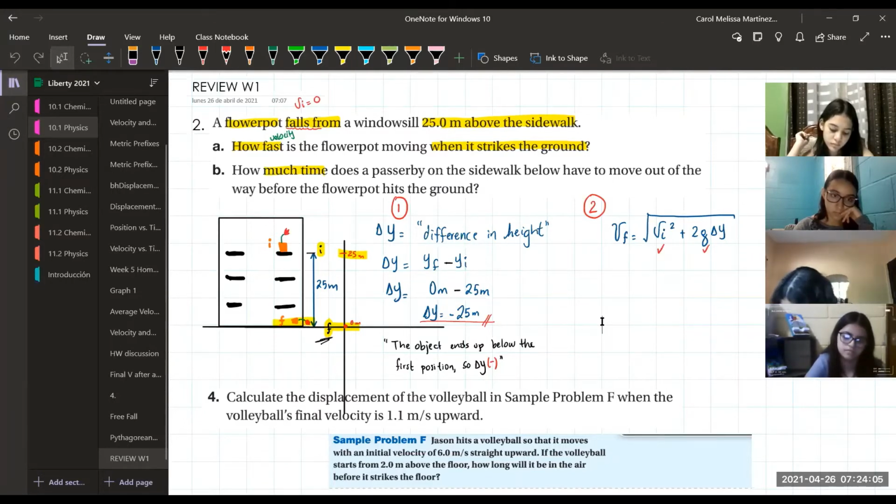So use Earth's gravity, and then delta y that we just got. So we have everything we need. Remember that here the initial velocity is 0, so just ignore it. So you're going to have 2 gravity delta y.